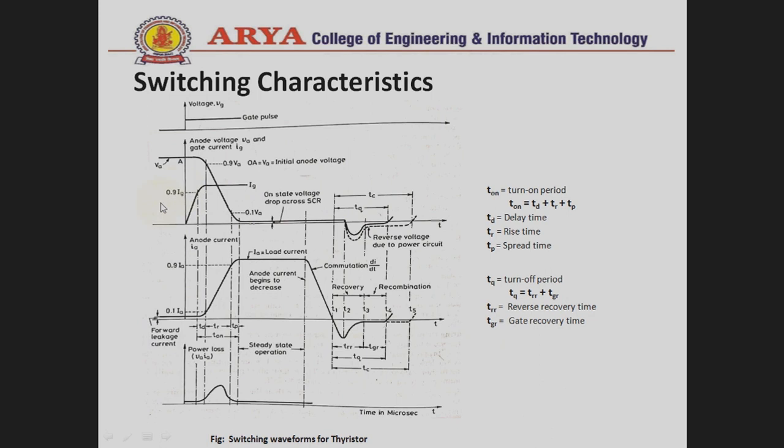In this diagram, the delay time period is the time when the current reaches 0.1 of its final value and the voltage drops to 0.9 of its initial value.